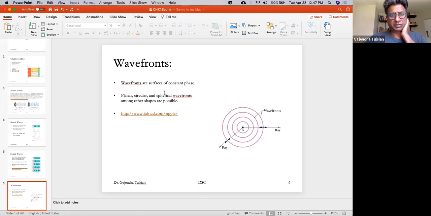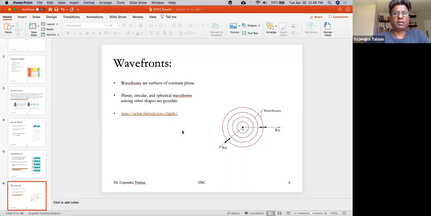And you can have planar, circular, and spherical wavefronts, among other shapes possible. So when you go to the beach, you see a planar wavefront, or a straight line wavefront, and the wave is traveling perpendicular to the wavefront.